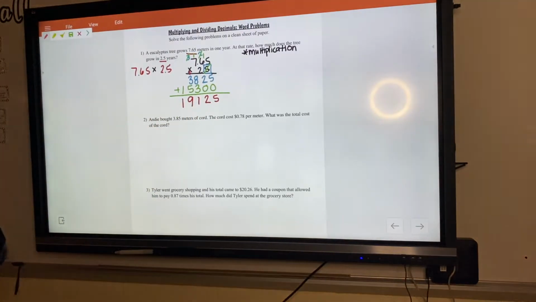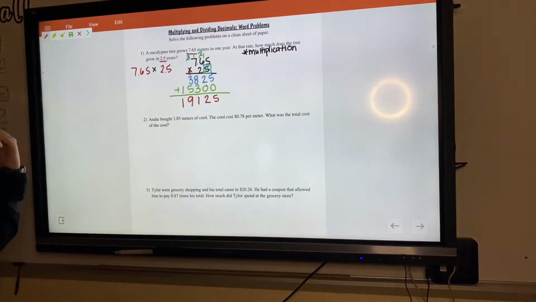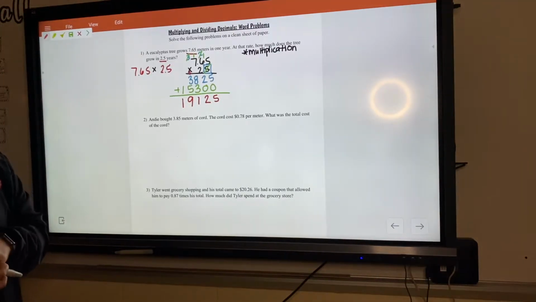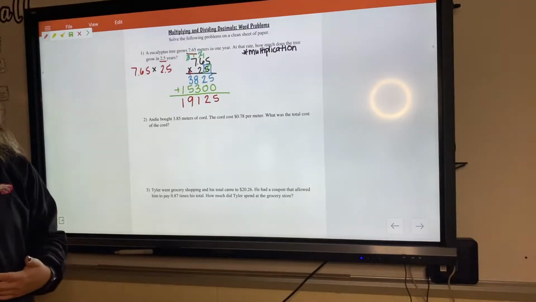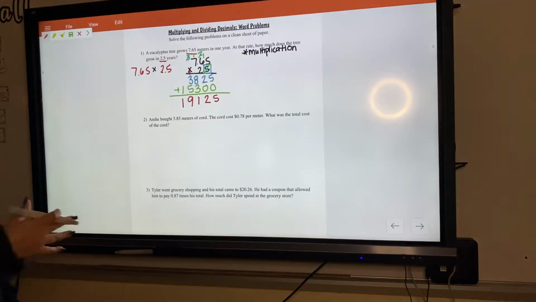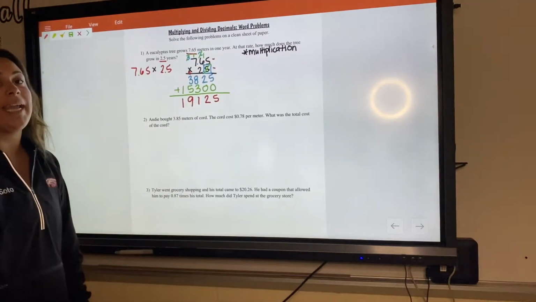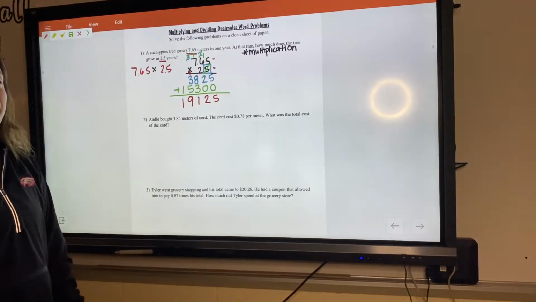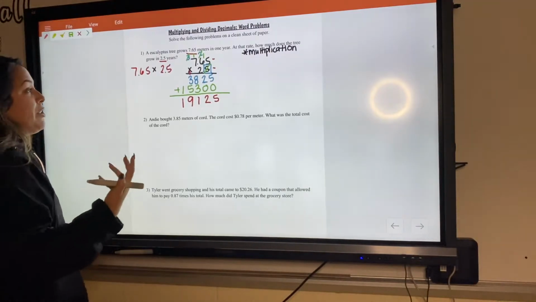So we're done solving, but we're not done with our answer. Remember, we need to figure out where our decimal point is going to go. We can't just bring it down because it'd probably end up in the wrong spot. So I'm going to write the number of digits behind the decimal point for each number because that's going to tell me where my decimal point is going to go in my answer.